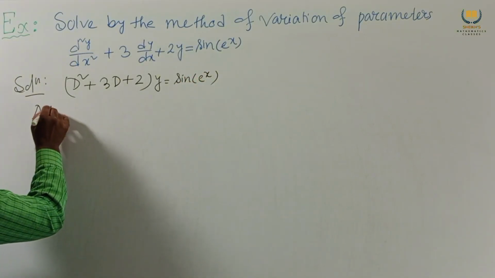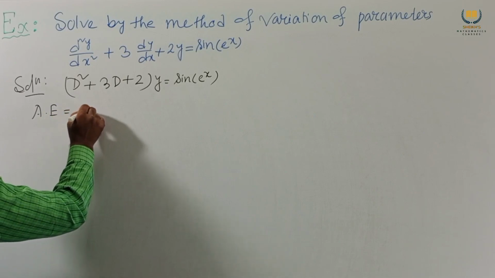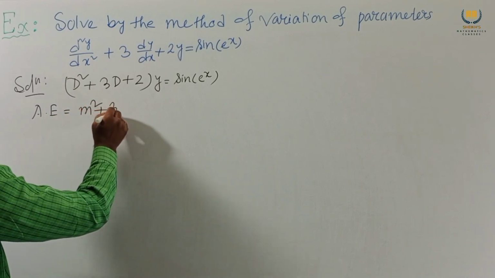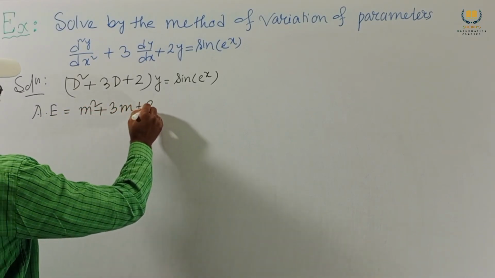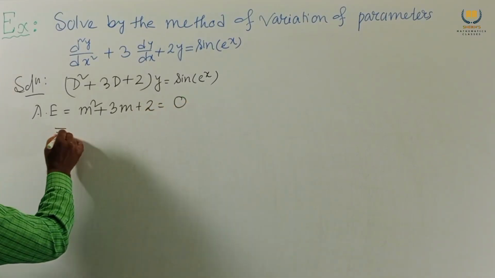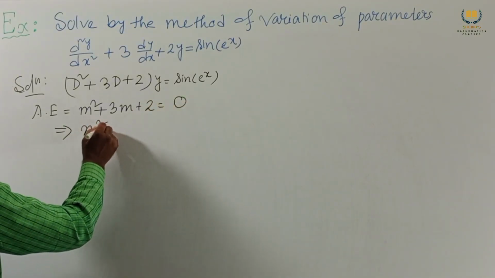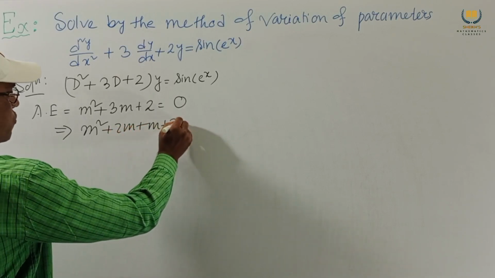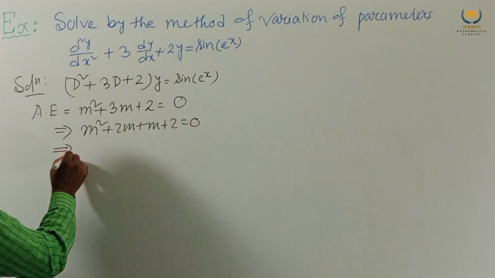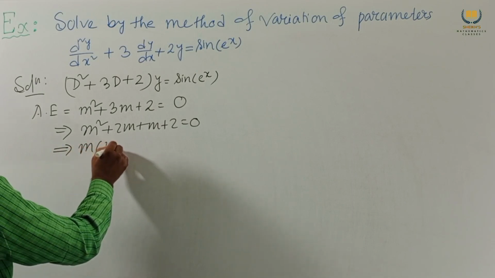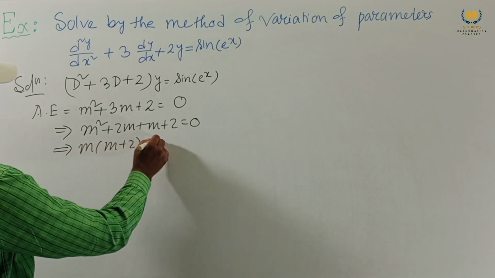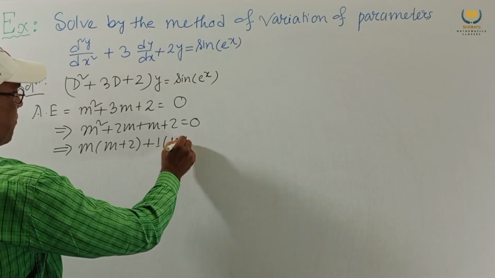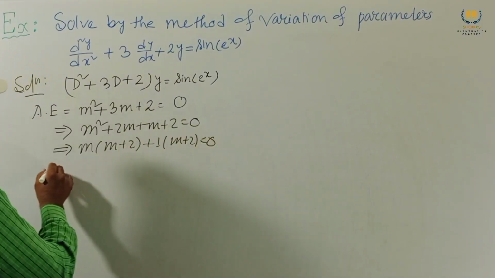Now the auxiliary equation is m square plus 3m plus 2 equals 0. If we factorize this, m square plus 2m plus m plus 2 equals 0, so m(m plus 2) plus 1(m plus 2) equals 0.